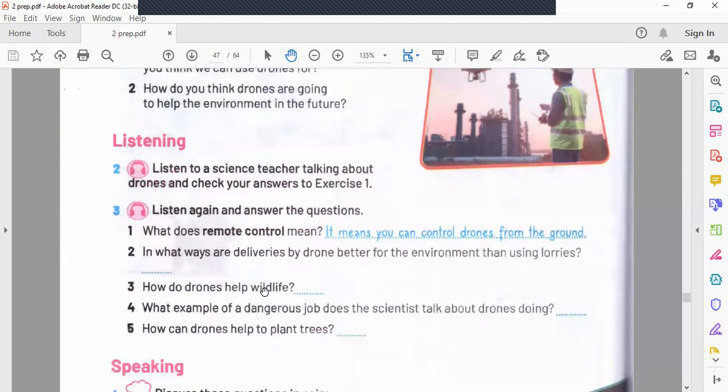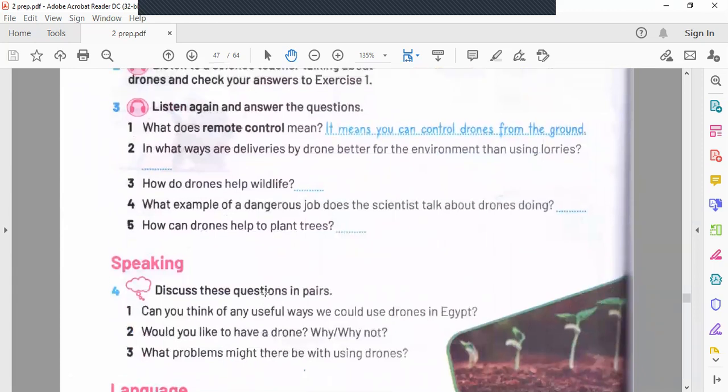Okay. So drones can be used to help save wildlife after floods or fire. We can use drones to check wind turbines, which is not an easy job. And drones can drop seeds onto the ground in places that people can't go to.